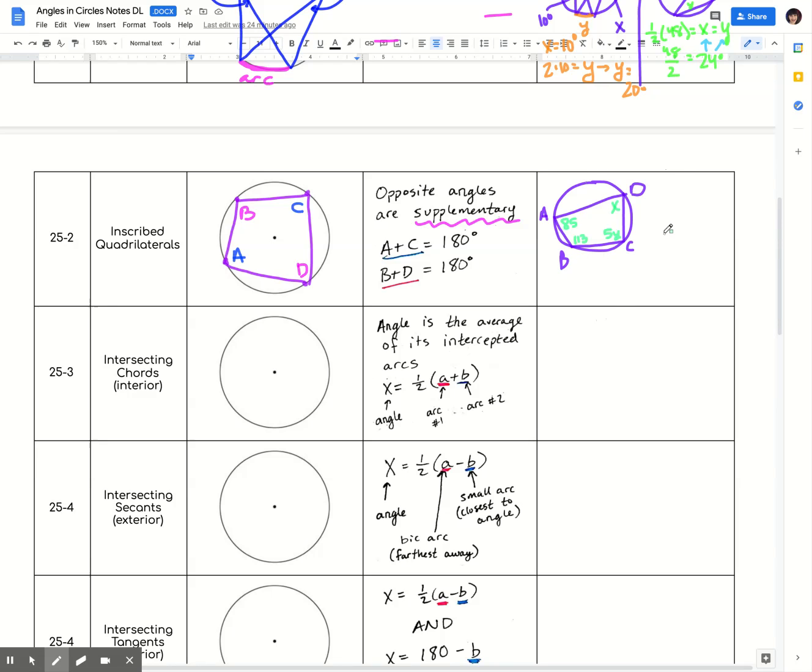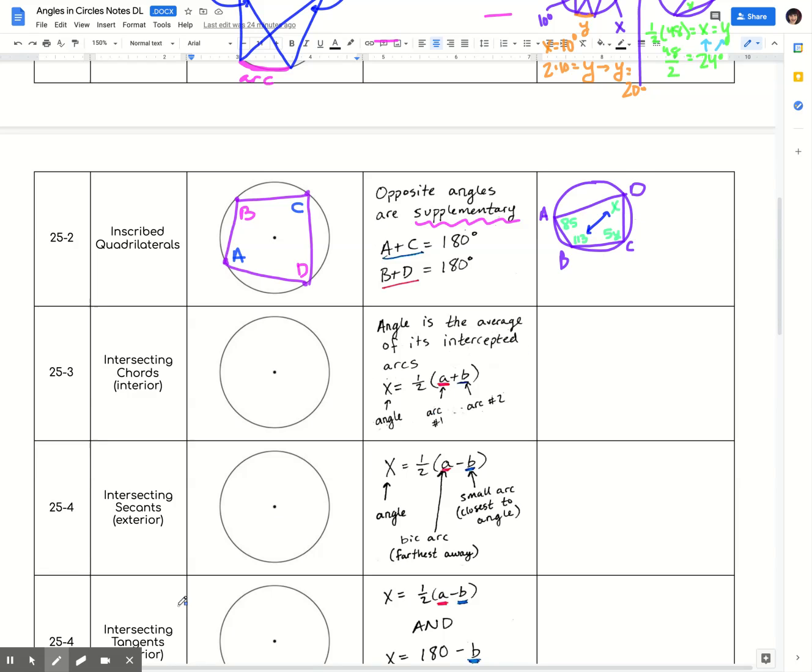So I have my inscribed quadrilateral here. Angle A is 85 degrees, angle B is 113 degrees, angle C is 5y, and angle D is x. I know my rule here is that opposite angles are supplementary.